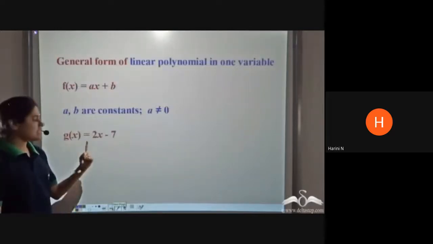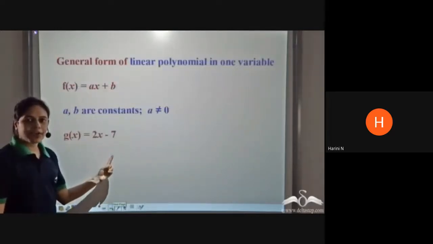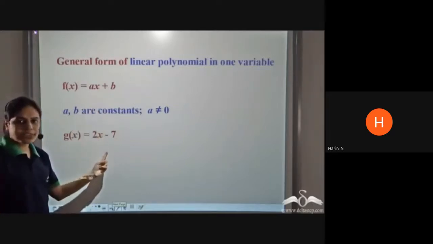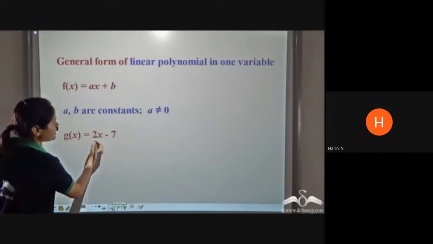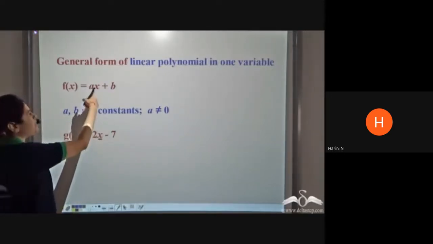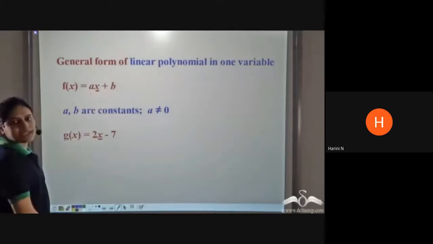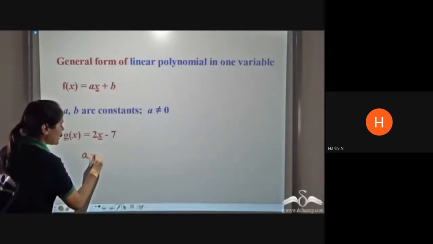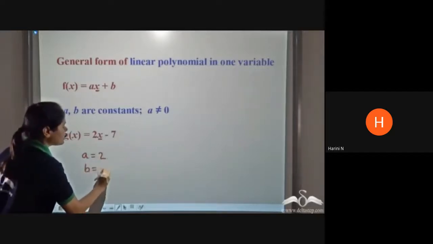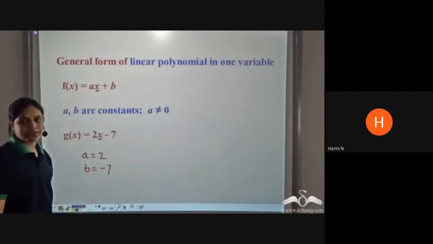Now g(x) is a linear polynomial in one variable. So let us compare this to the general form f(x). Comparing it, we get the coefficient of x as 2. In this, the coefficient of x is a. So a is equal to 2 and b is equal to -7.